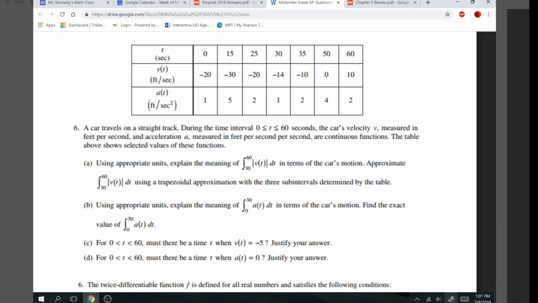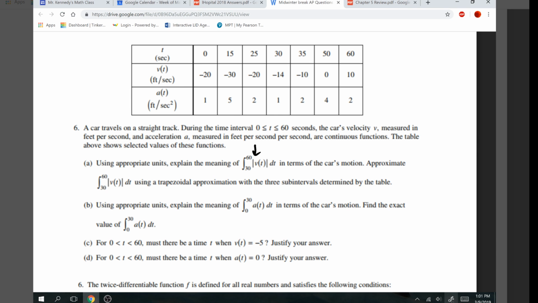So in the second question, this is a really big thinking question, and there's very little math in this question, and lots of terms and thinking. So for the first part, it says, using appropriate units, explain the meaning of this integral right here in terms of the car's motion.